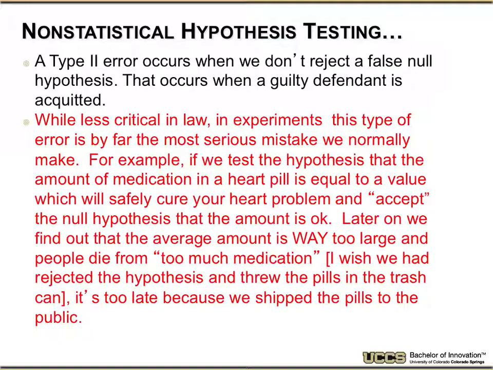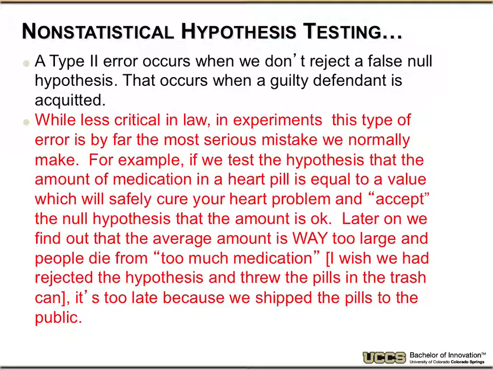The two errors are not viewed as equal in the United States. Convicting an innocent person is much worse than letting a guilty person go free. Okay, and that's because the penalty of being in jail for a long time compounds that error. So we want to make sure that it doesn't happen.